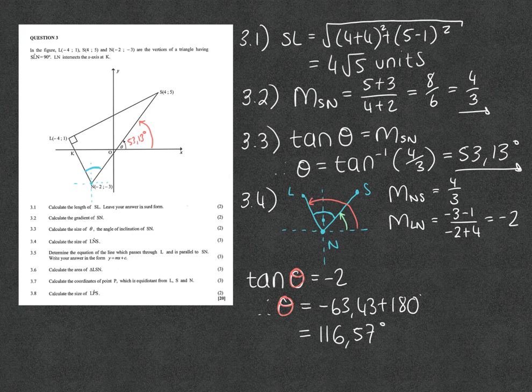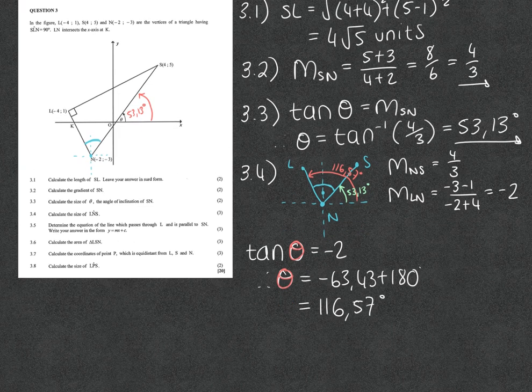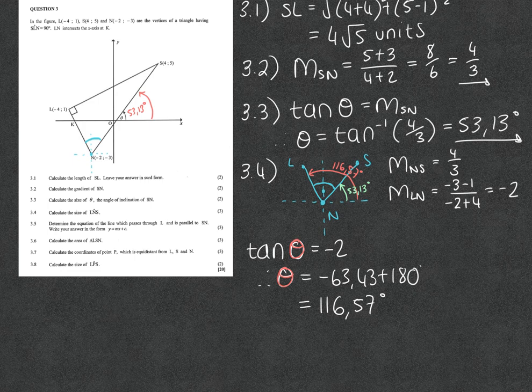So my red angle is 116,57 degrees. I already know what my green angle is: 53,13, which I worked out earlier. So to solve for angle LNS, LNS equals 116,57 minus 53,13, and that gives me 63,44.